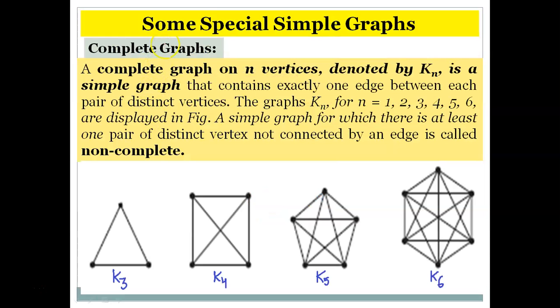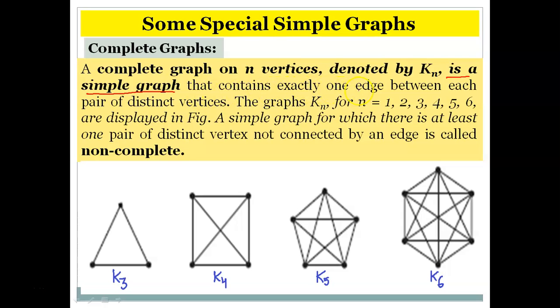Now we are defining some special graphs. Complete graph first. The definition is complete graph. A complete graph of n vertices is denoted by Kn. And the first thing is that a complete graph is a simple graph. Simple graph means it will have no loops and no parallel edges.